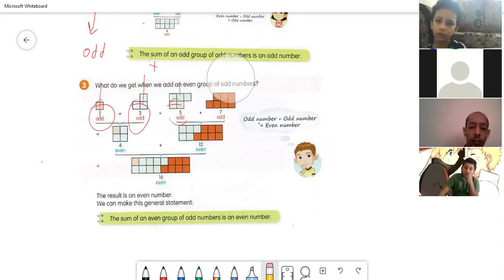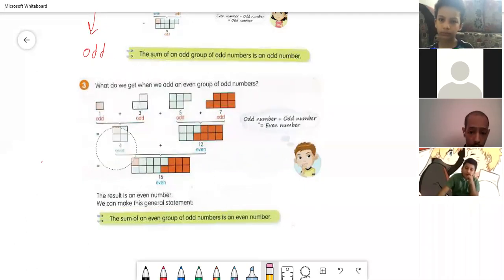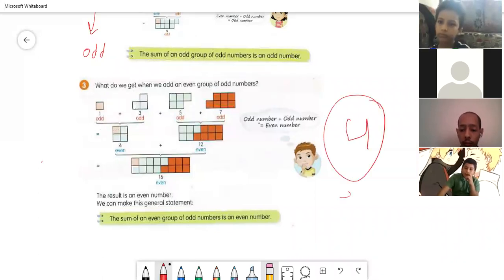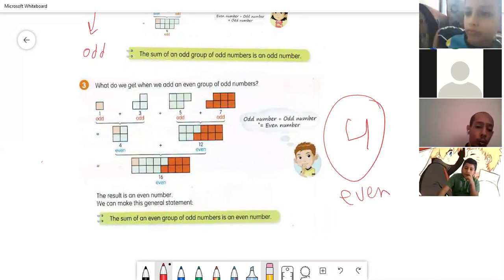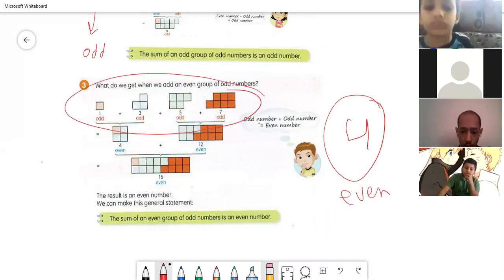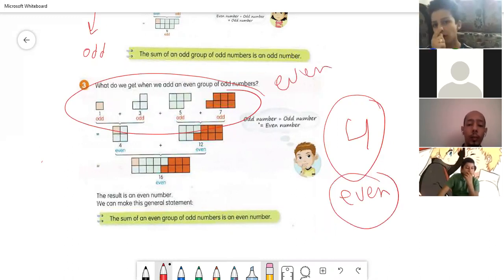This means we have four odd numbers, right? And the 4 is even. So this group contains 4 numbers, which is even. So this group is called an even group, okay?